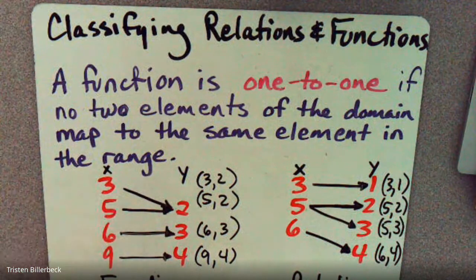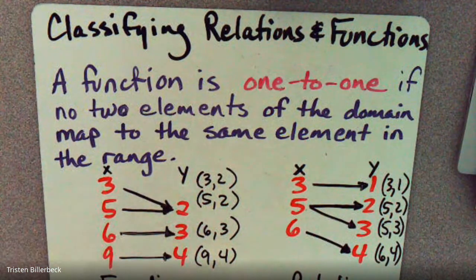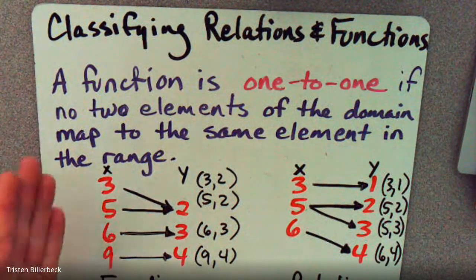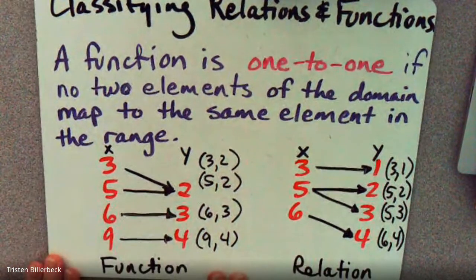If I push button 3, I'm going to get that. So that just means 2 of the buttons have something like spicy Cheetos. So button 3, button 5 have spicy Cheetos. Button 6 has Kit Kats, and button 9 has, let's go with gummy bears. So for every input, there is one output. That's what makes it a function.